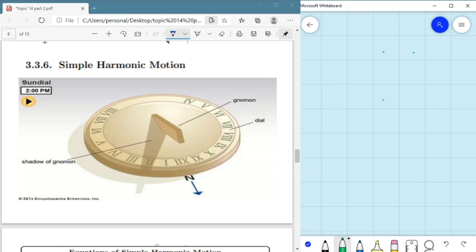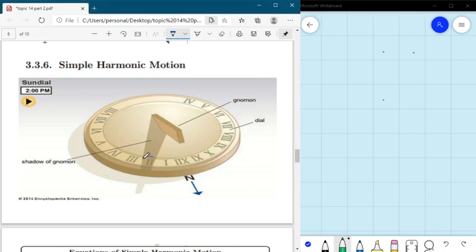It consists of a flat plate and a gnomon. As the sun moves across the sky, the gnomon casts a shadow on the plate, which is calibrated to tell the time of the day. This was the clock in the old days. In this position, it is 2 o'clock, 2 p.m.